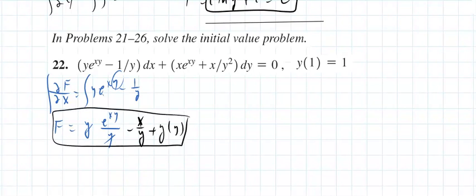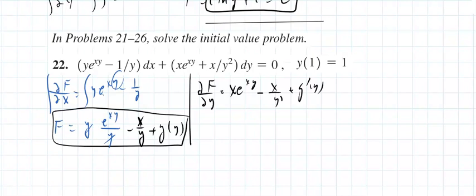Now, if I take a partial of f with respect to y, I'm going to get e to the xy times x minus x over y squared plus g prime of y. And that's going to equal x e to the xy plus x over y squared.